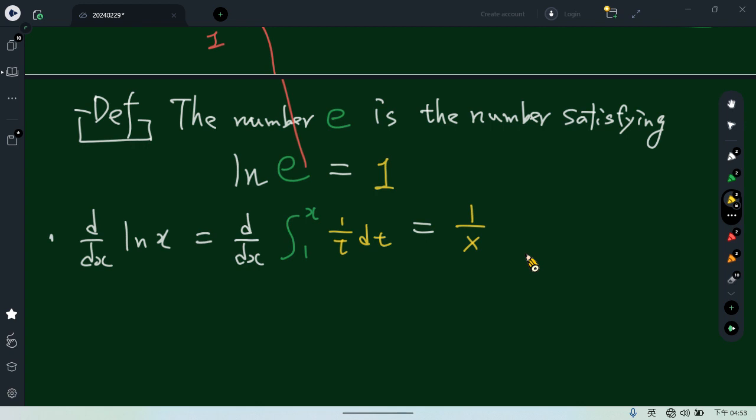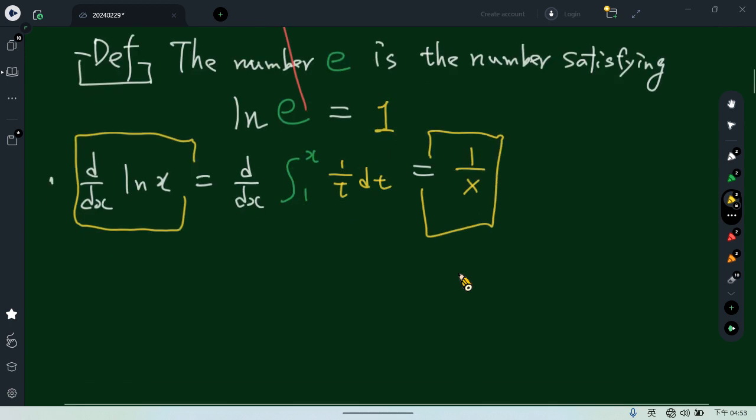So please just memorize that when you differentiate ln x, the result is 1 over x. Please also keep this result in your mind. Basically, following the definition and the fundamental rule of calculus, you can get the result back.